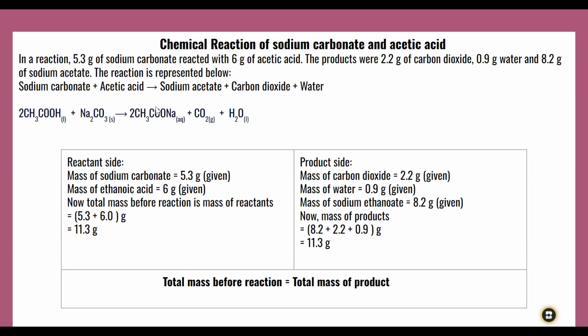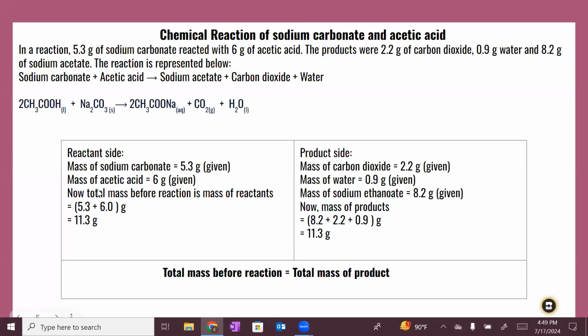Now, we want to check how much of the reactants and how much of the products. The mass of sodium carbonate is 5.3, and this is the mass of acetic acid as shown here.